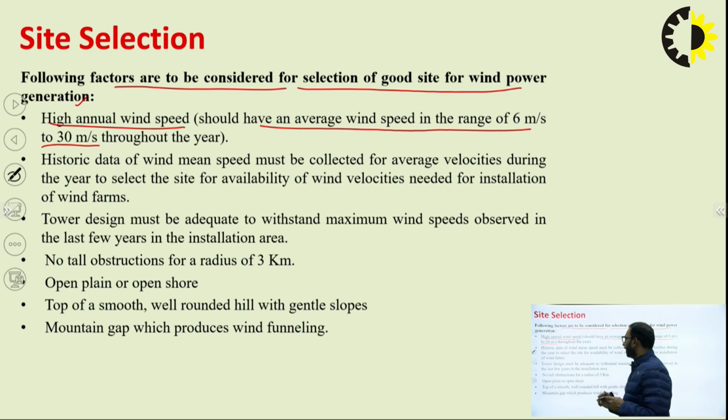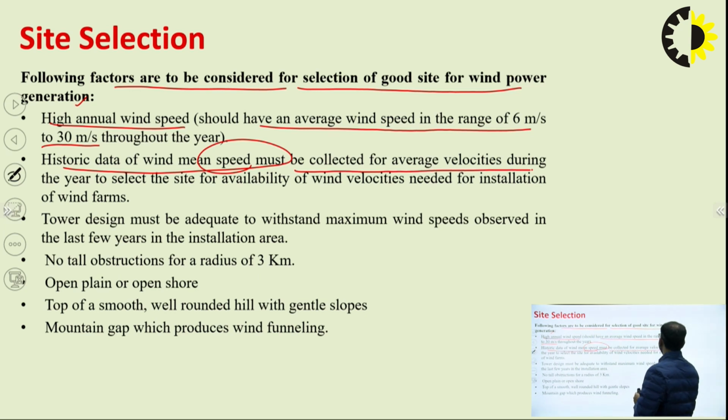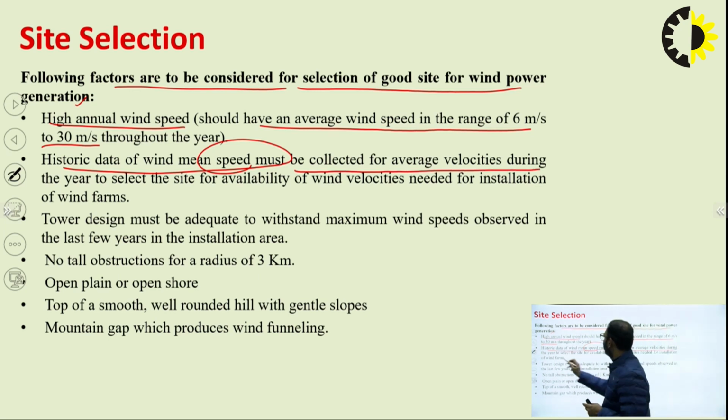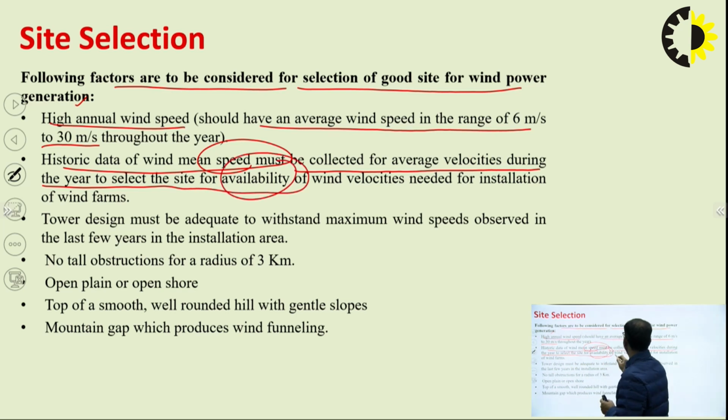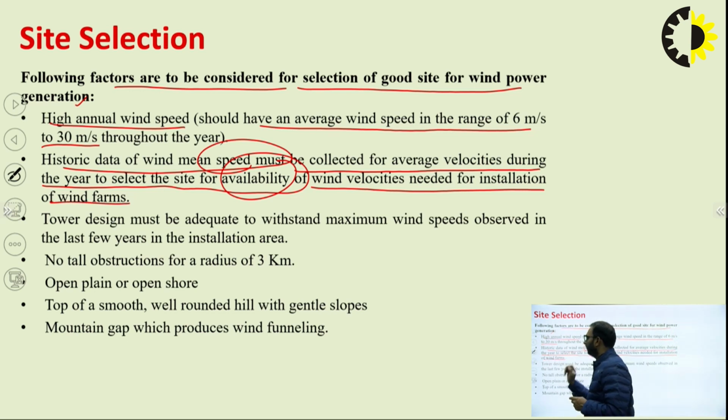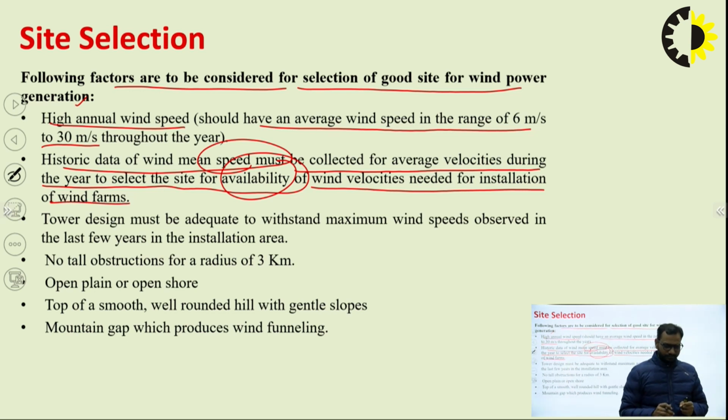Then historic data of wind mean speed must be collected for average velocities during the year to select the site for availability of wind velocity needed for installation of wind farms. So one thing we should keep in mind is the average mean speed throughout the year. This is also an important factor for site selection.